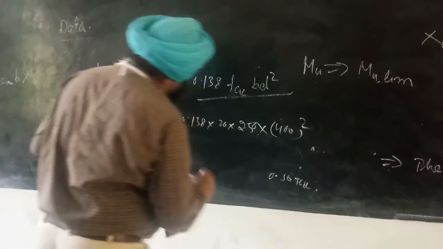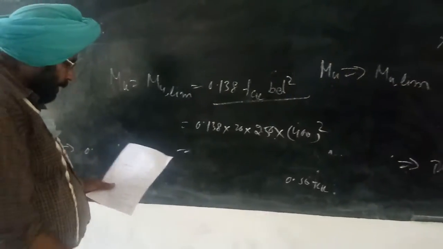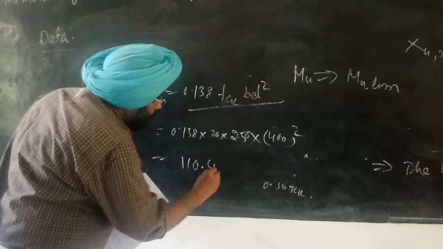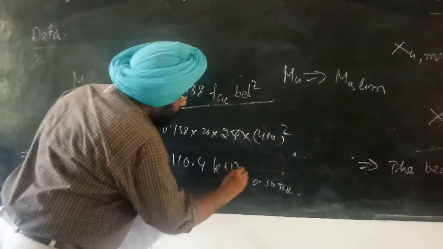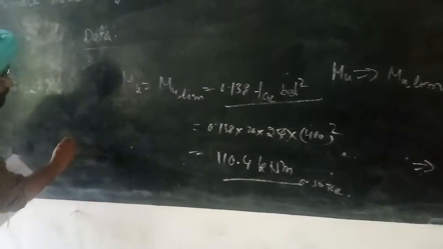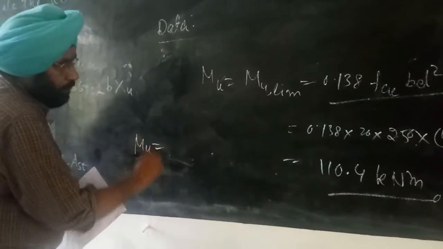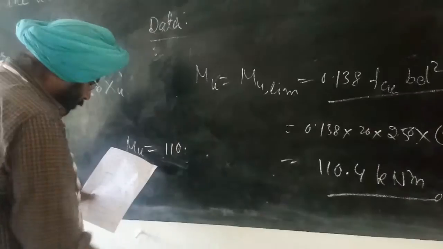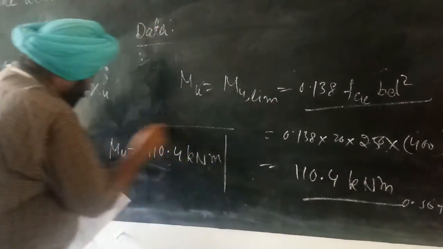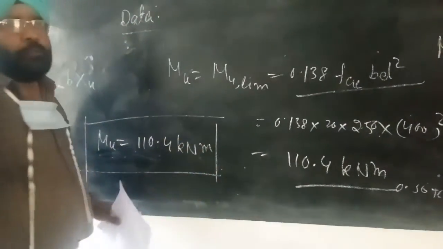Solving this equation, the moment of resistance of the section is 110.4 kilonewton meter. So this is the required answer. Thank you.